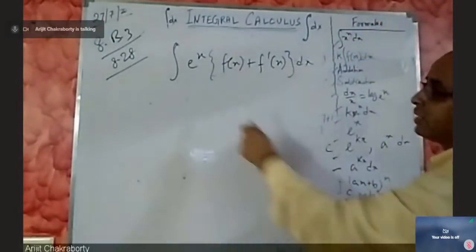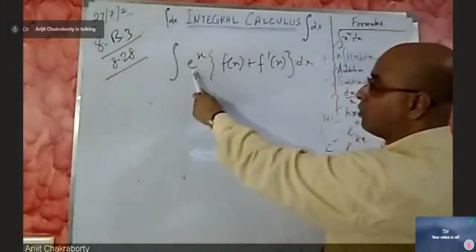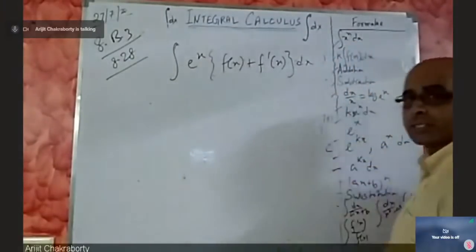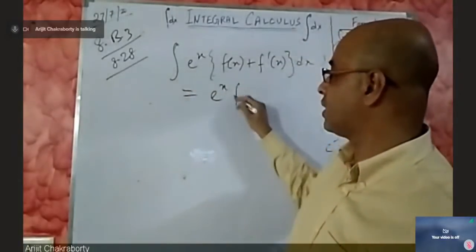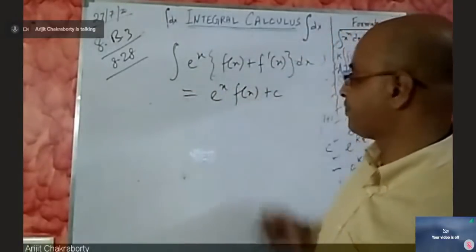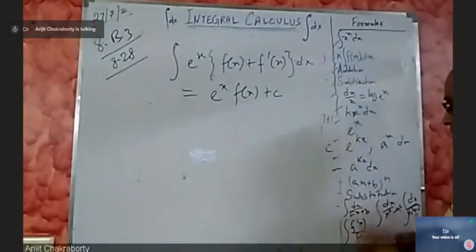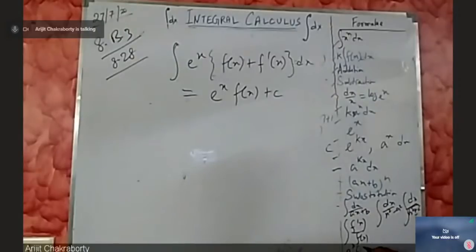If you get any integration of the form e to the power x, fx plus f dot x dx, then the direct answer to this is e to the power x fx plus c. So this is also a standard formula, you can remember this. So e to the power x fx plus f dot x.